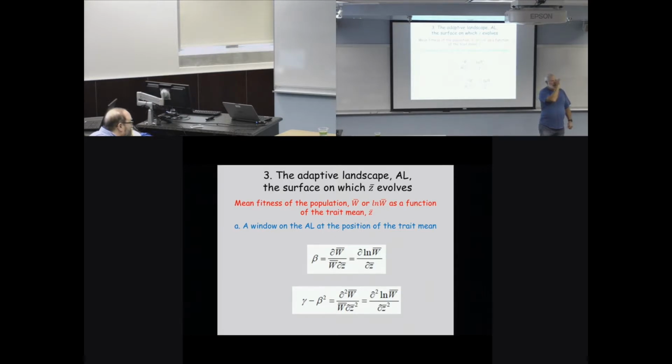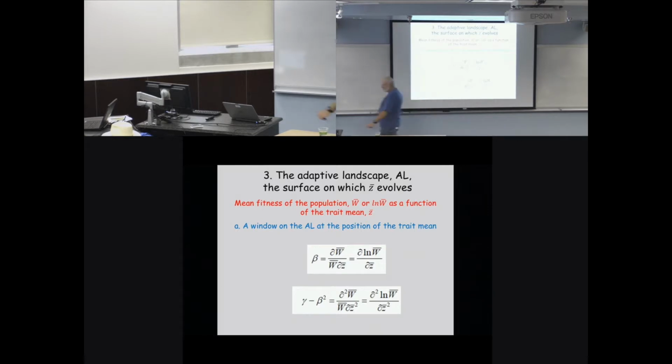It's not a big window on the adaptive landscape, but it's not true, as some authors have said, that we know nothing about the adaptive landscape. We cannot know that. That's not true. We have this little window when we do selection analysis that tells us about the adaptive landscape at this one point.